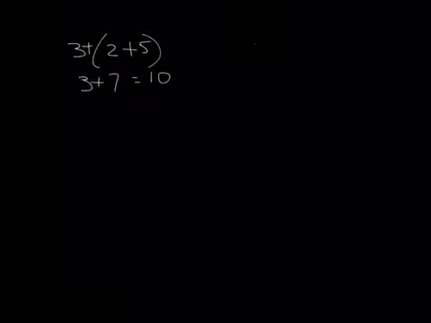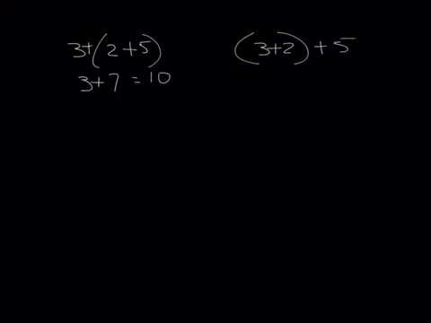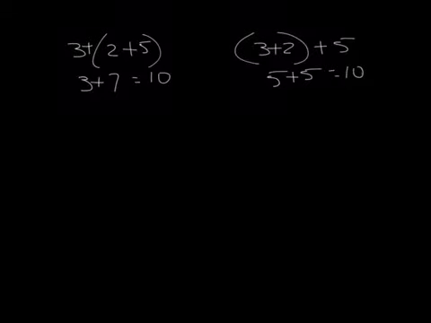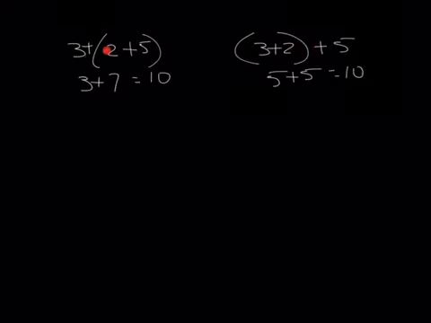I could also write this as the quantity 3 plus 2, plus 5. Do what's in the parentheses first, and I also get 10. So it's just how you group things. You can mix things up. You can group the 2 and 5 together or the 3 and 2 together, and you've done that all along. Sometimes you're just not aware of what you're doing. You're just doing it. And the associative property of multiplication is the same thing.